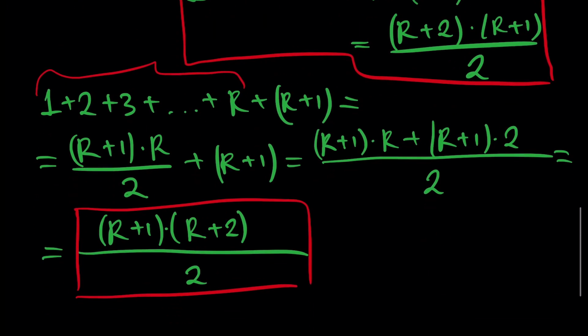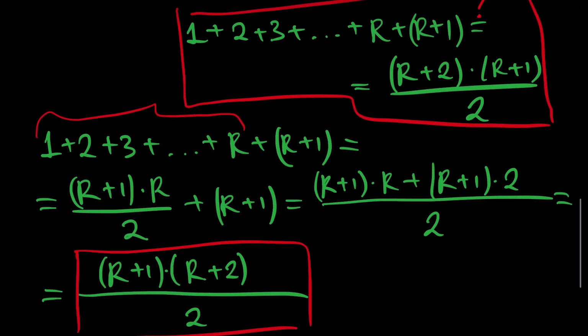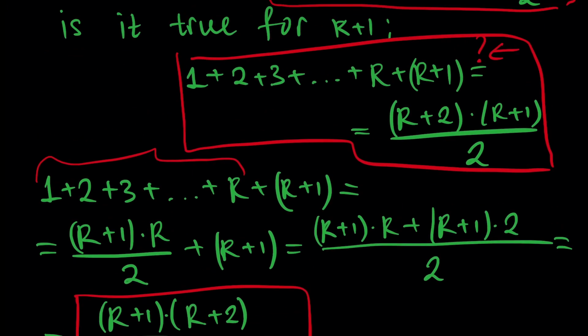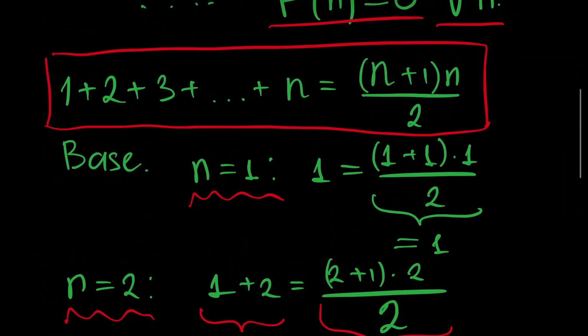And we checked that this is true, and this is equal to k plus 1 times k plus 2 divided by 2. So we proved this formula, and our initial formula is correct. So 1 plus 2 plus 3 and so on plus n is equal to n plus 1 times n divided by 2. Thank you very much.